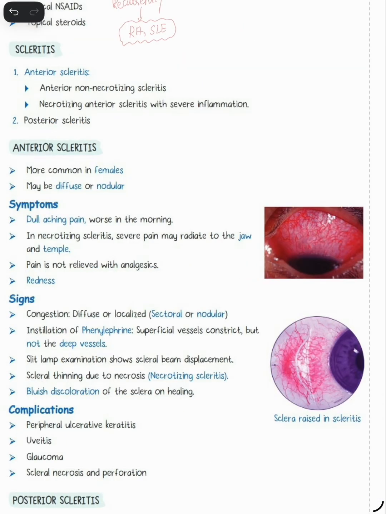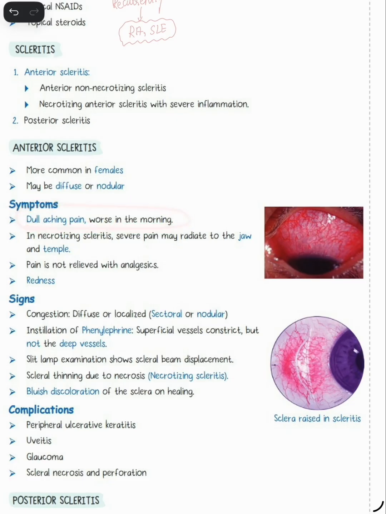Symptoms of scleritis are a dull aching pain which worsens in the morning. So it is not only redness, but there is also dull aching pain which is worse in the morning. What we read in episcleritis is that there is only redness, mild irritation, or foreign body sensation. But in scleritis, there is pain, the aching pain which is worse in the morning.